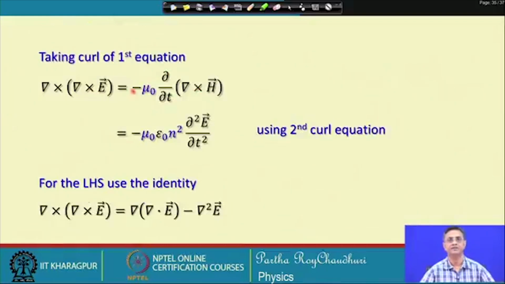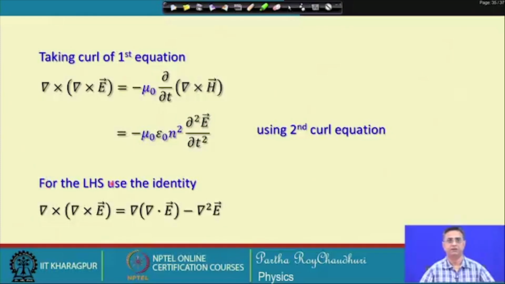So, if I substitute, we can write down that del cross del cross E is equal to minus mu naught epsilon naught n square del square E by del t square.